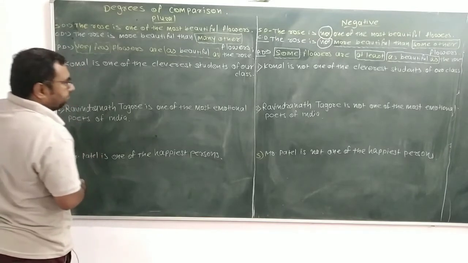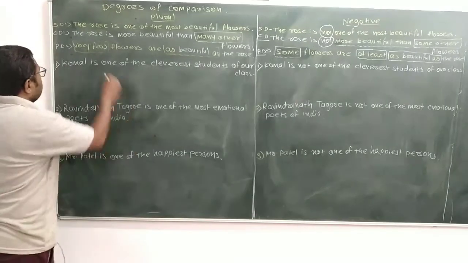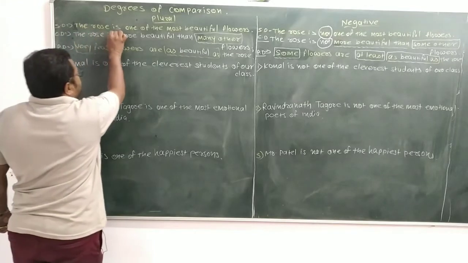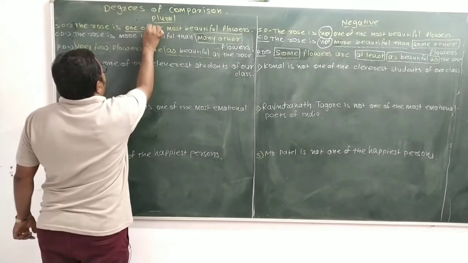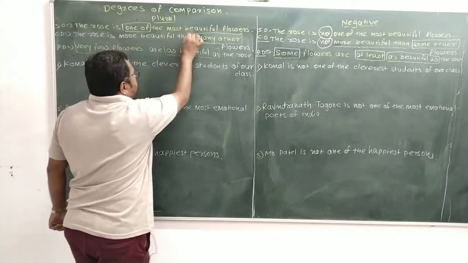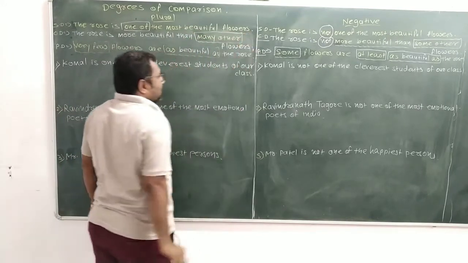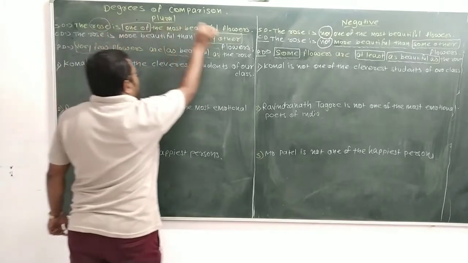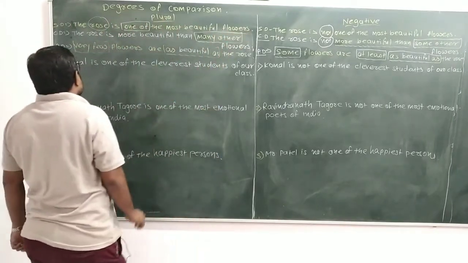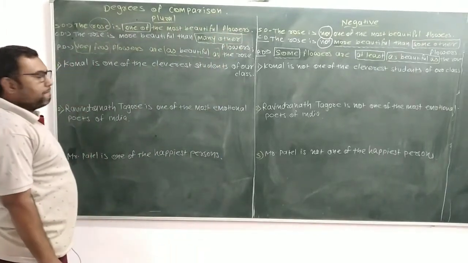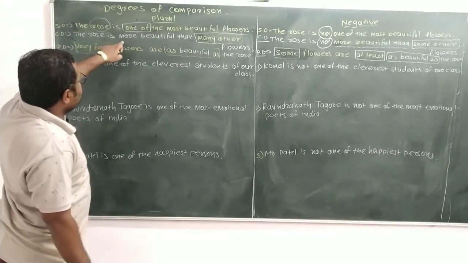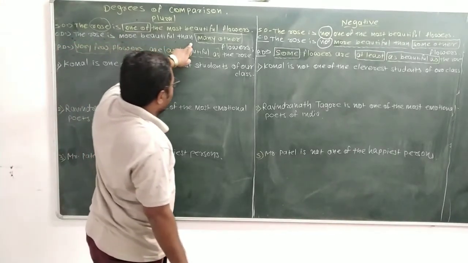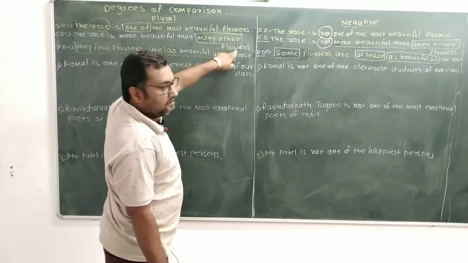Here you can see that the rose is one of the most beautiful flowers. What is rose here? Rose is a flower. When we make the comparative degree, the rose is more beautiful than many other flowers.